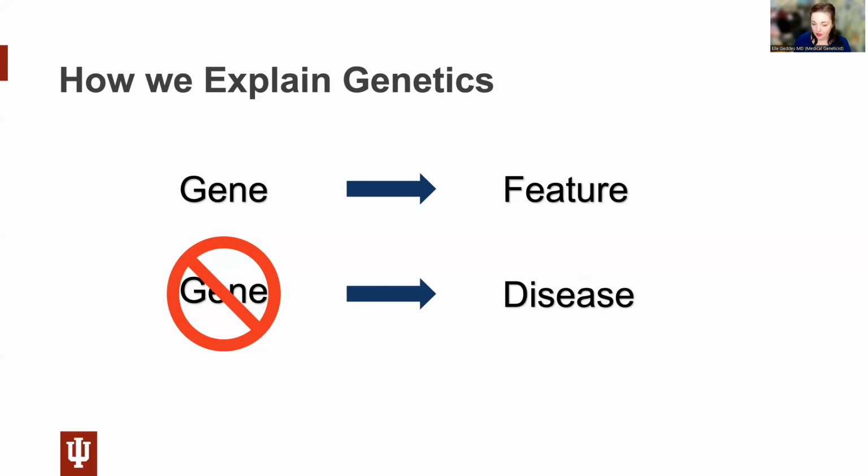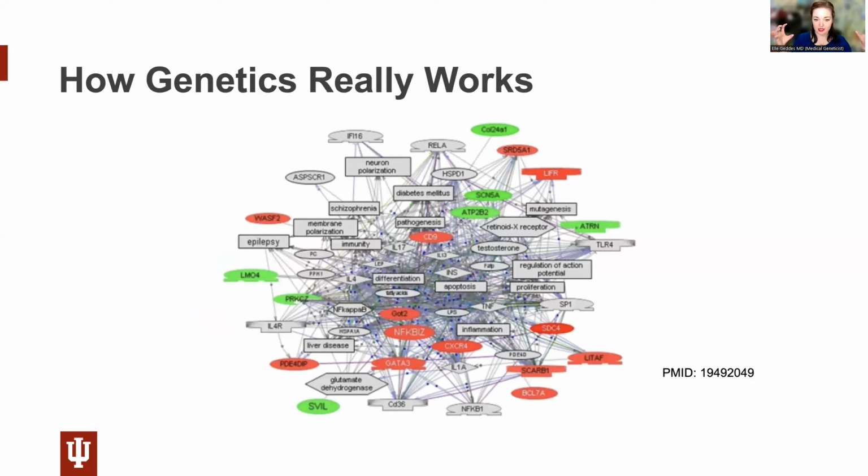But what really happens is there is a spider web of network genes together and signaling pathways. That is something that we don't really understand very well, other than we can often identify the pathways, but we don't know how to clinically say, well, there's a change in this gene and there's a change in this gene, and they work together, and therefore that means there's a problem.